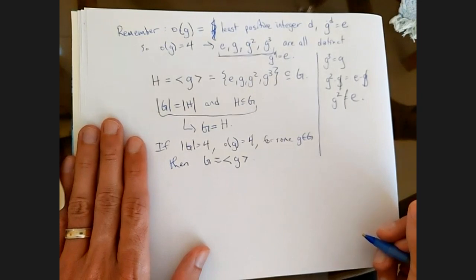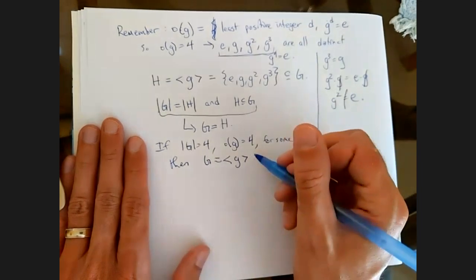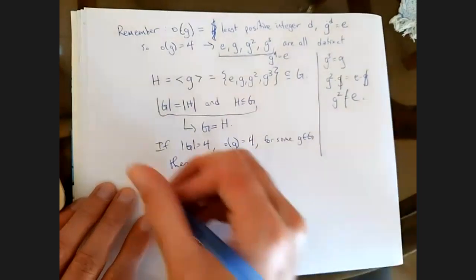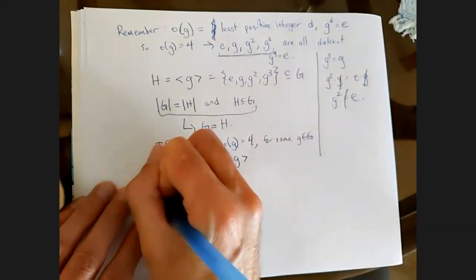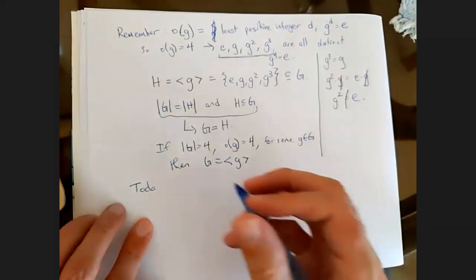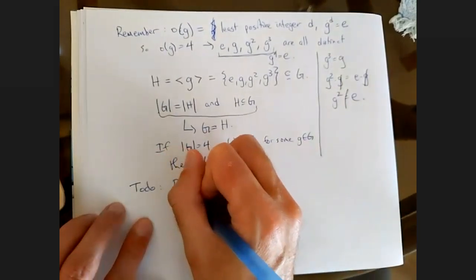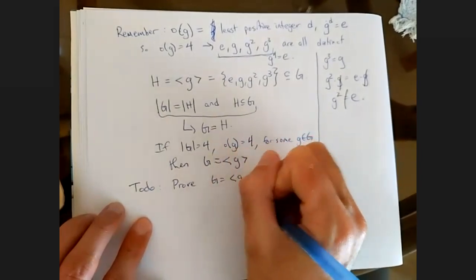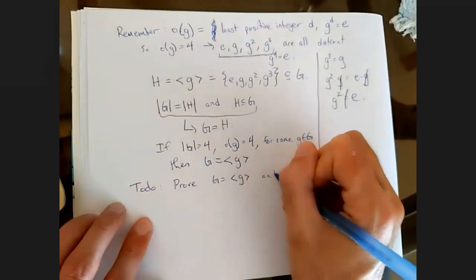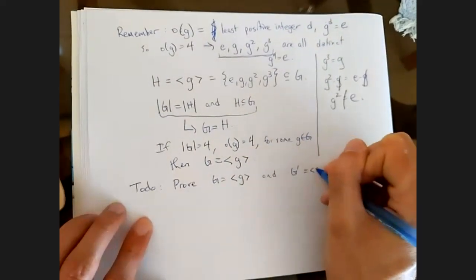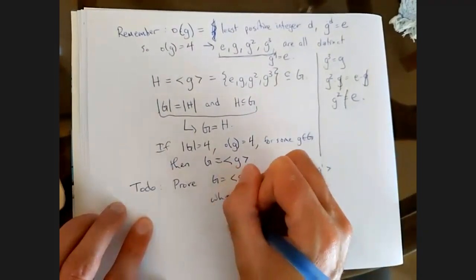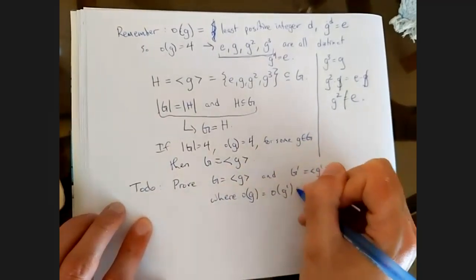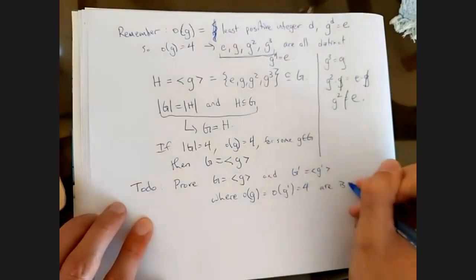All things that look like this are going to be isomorphic. So let's put that on a little to-do list: prove that G and G prime, where the order of G equals the order of G prime equals 4, are isomorphic.